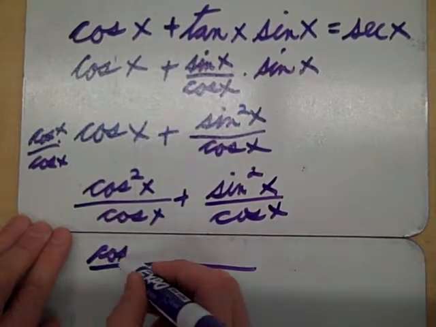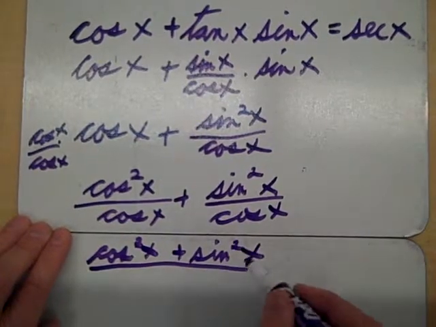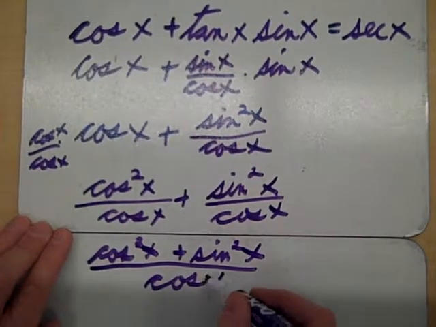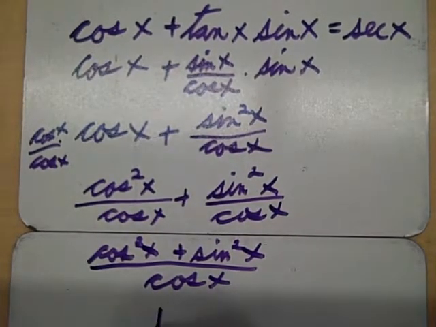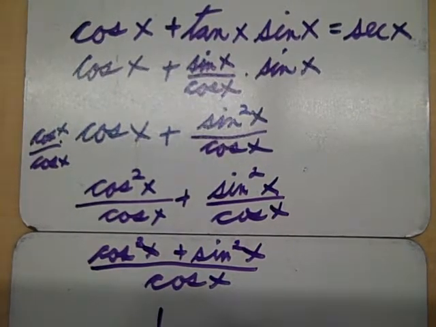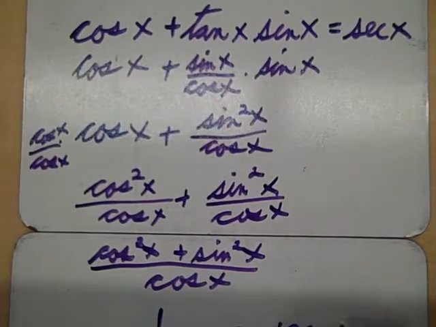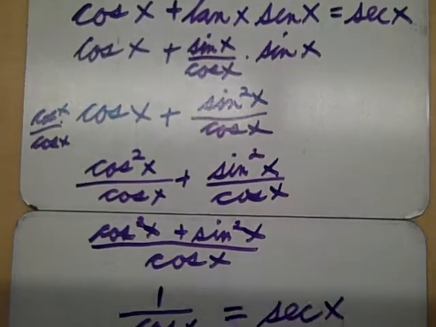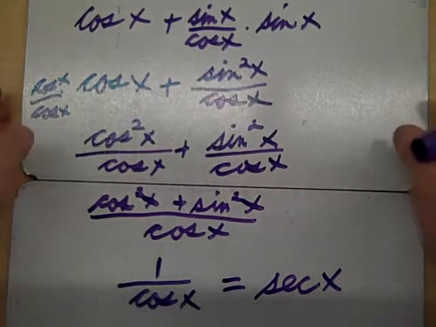I'll write cosine squared x plus sine squared x over cosine of x. Now I need you to know that the cosine squared of x plus the sine squared of x is 1. So that's 1 over cosine x. And 1 over cosine x is defined as the secant of x.